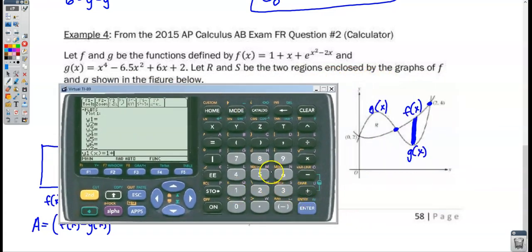So let's type those functions in. I'm going to type them in order, because then I can use a little trick on my calculator. X to the fourth minus 6.5 x squared plus 6x plus 2. Okay, and now I'm going to graph these two curves.